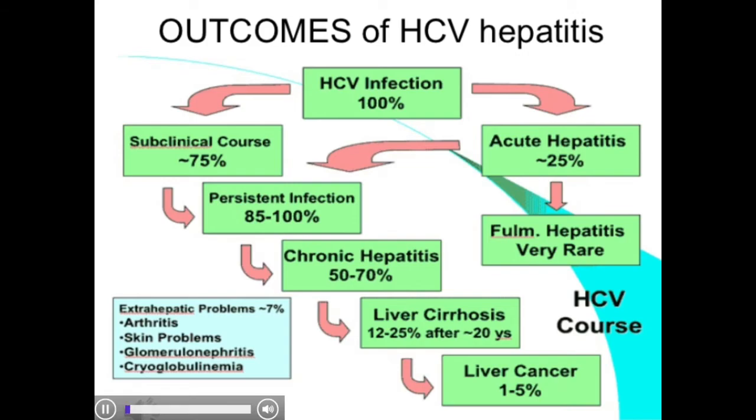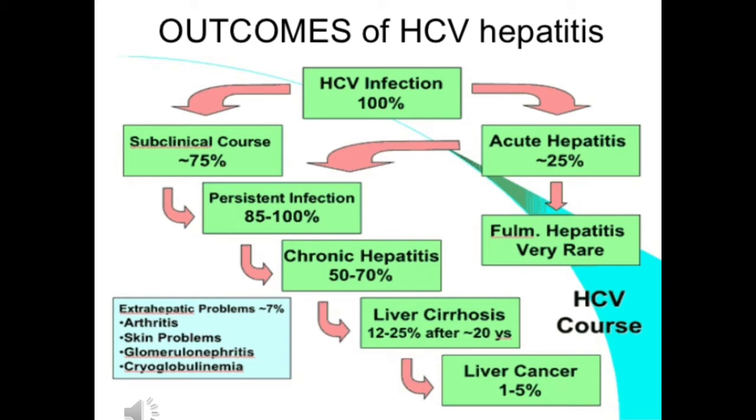The outcomes of hepatitis C virus hepatitis. After the hepatitis C virus infection, it could follow a subclinical course in 75% of the patients or acute hepatitis in 25% of the patients. They both would go into persistent infection in 85 to 100% patients and form chronic hepatitis in 50 to 70% of the patients.